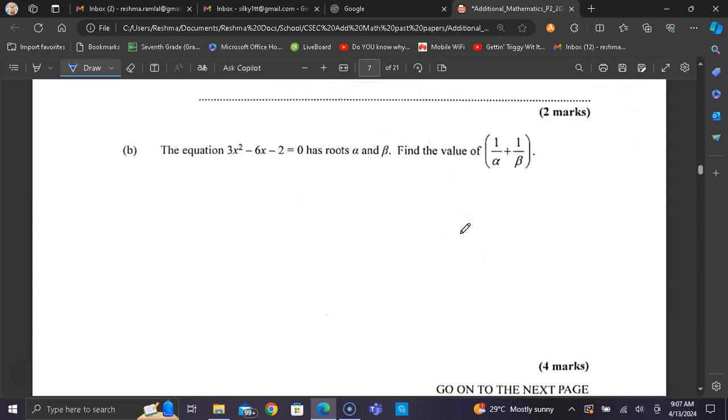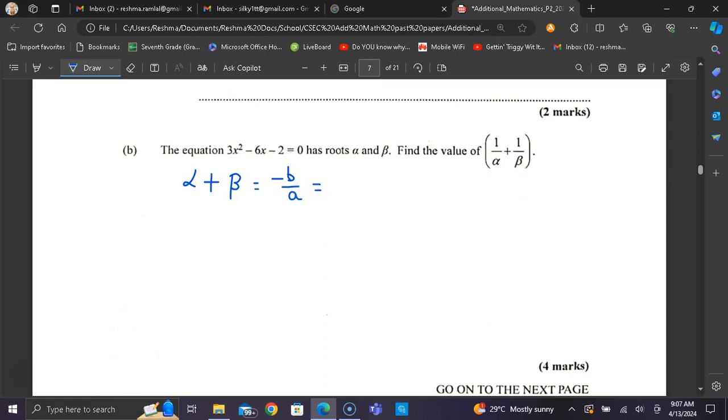Okay, so let's go on to part B. For 4 marks, the equation 3x squared minus 6x minus 2 is equal to 0 has roots alpha and beta. Find the value of 1 over alpha plus 1 over beta. So the sum of the roots, alpha plus beta, is equal to minus b over a.